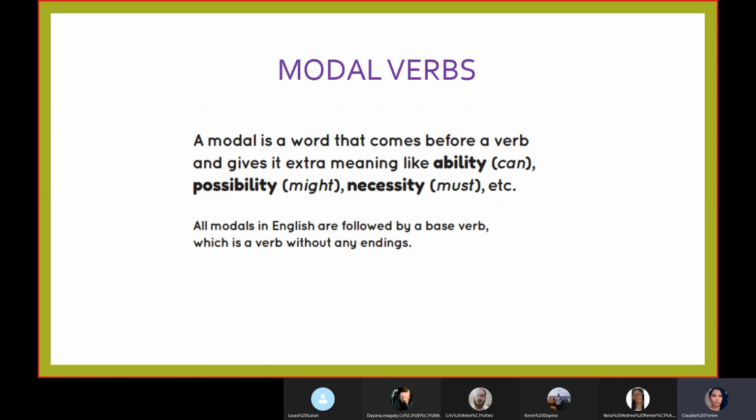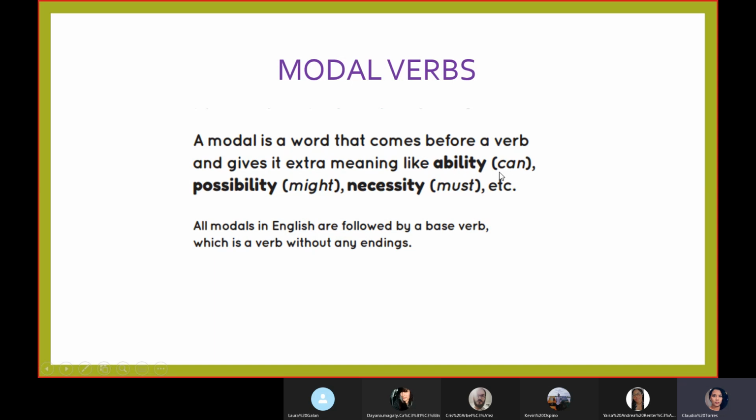So these are general meanings, but they also have other meanings. For example, must can express necessity, but it can also be a suggestion, as in the previous example. Might can be possibility, and can ability.